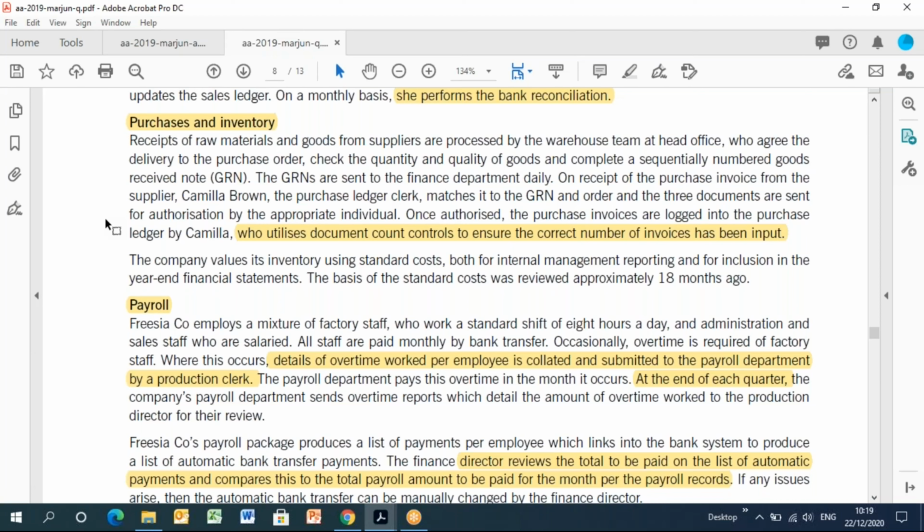As a test of control, you can say that for a sample of supplier invoices, you can try to enter them in the system to ensure that the system does not allow you to enter less than 10 invoices or less than 5, or enter invoices without a batch system being used, and also that they are numbered. So this is a test of control.